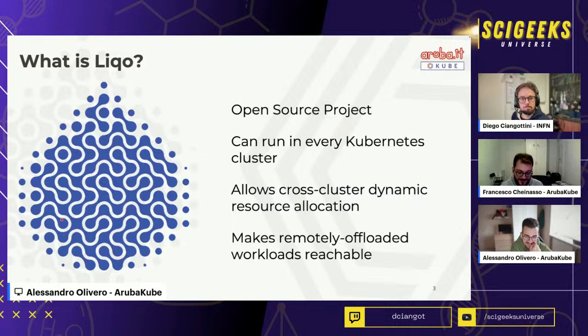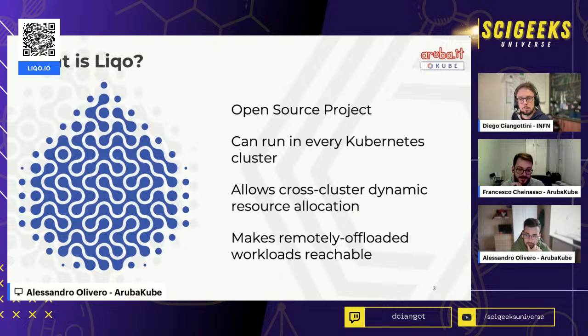What is Liqo? So just a bit of history. Liqo was a research project born at the Polytechnic of Torino in 2019. And after a long history of iterations and changes in the project, now we are reaching maturity.